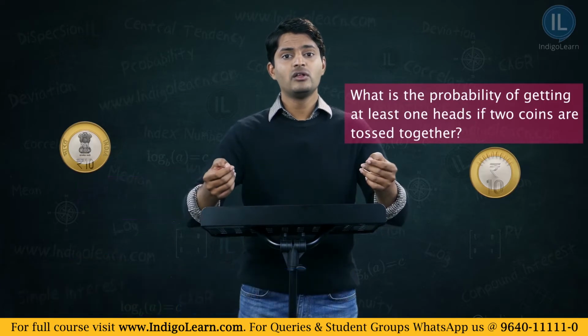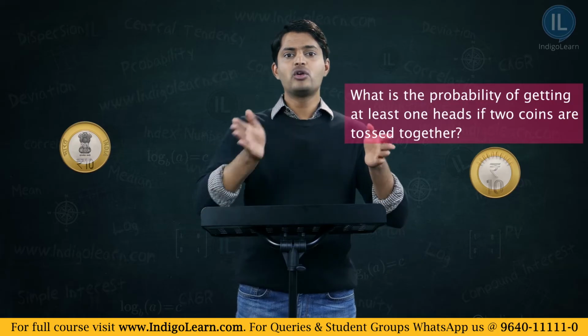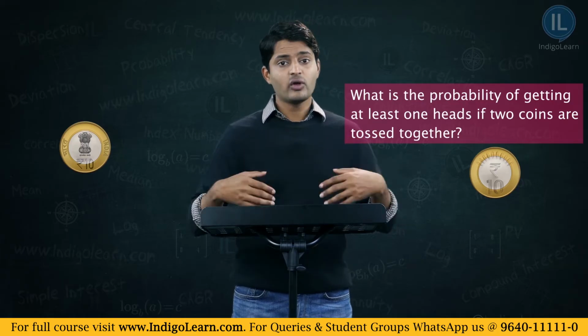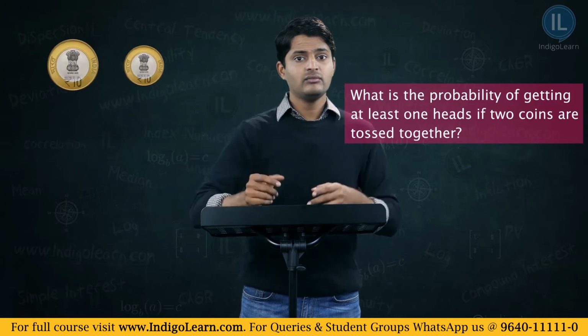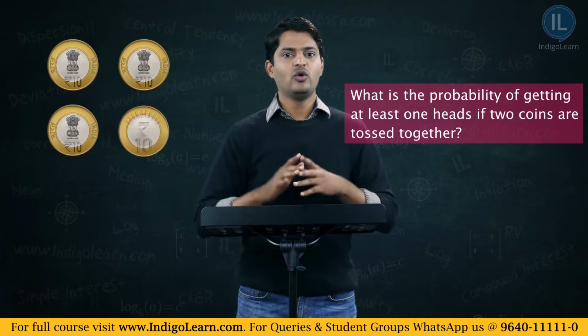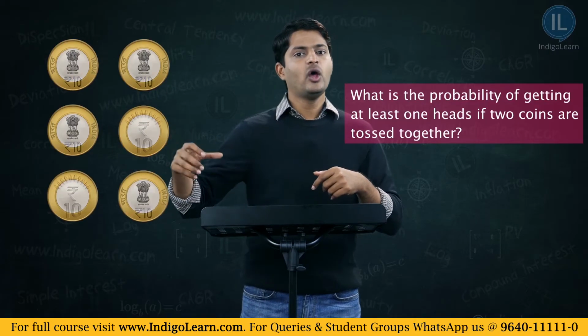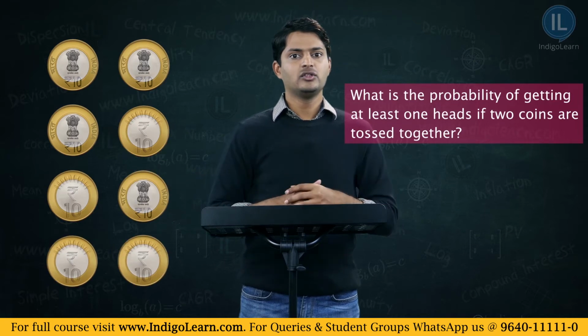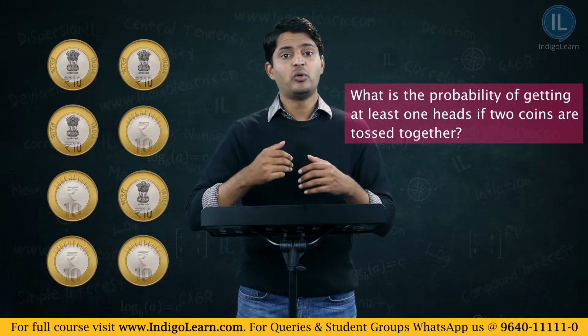If I toss 2 coins, then before I get into the actual problem, the possible outcomes are: you can get a head and a head, you can get a head and a tail, you can get a tail and a head, or you can get a tail and a tail. So, basically you will have 4 different outcomes that are possible.